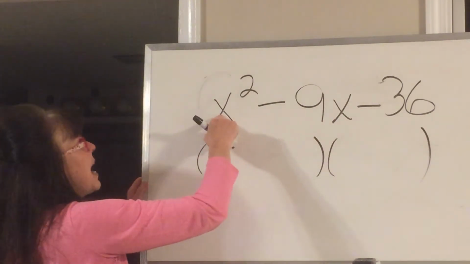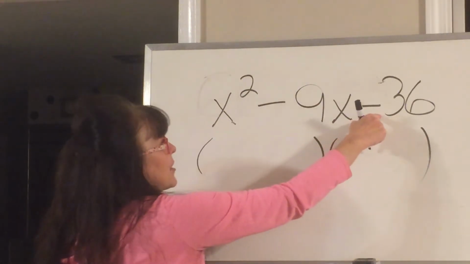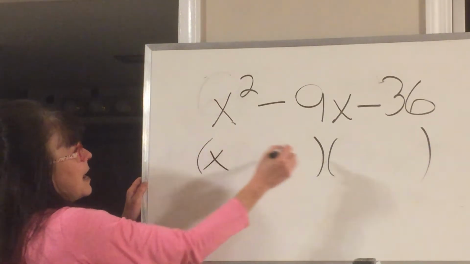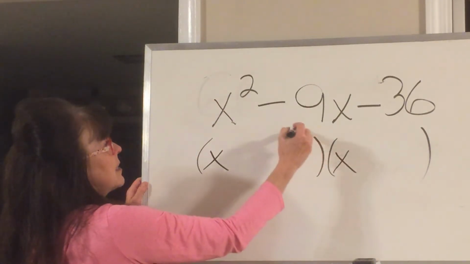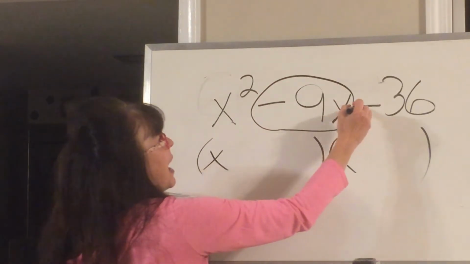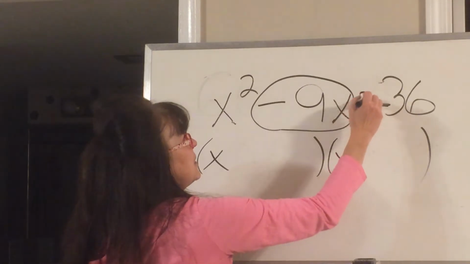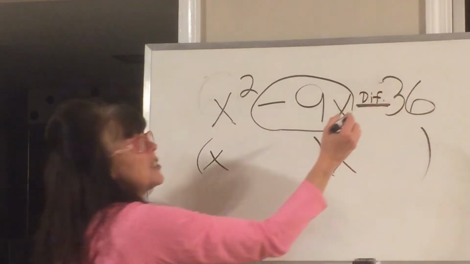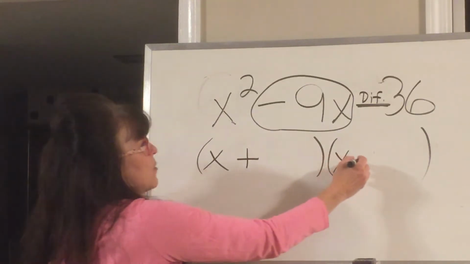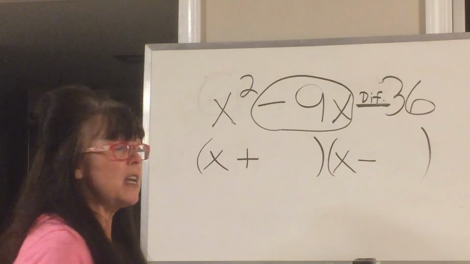So you're going to factor, skip, and then factor again. So how do you factor x squared? X times x. Skip over the middle. How do you factor this minus? Different. What does different mean? One's a plus, the other one's a minus. Two numbers that give you 36.